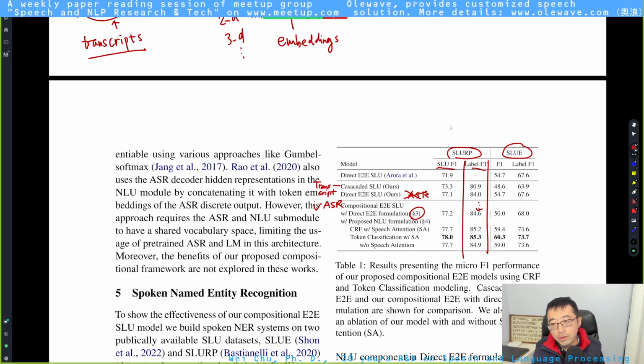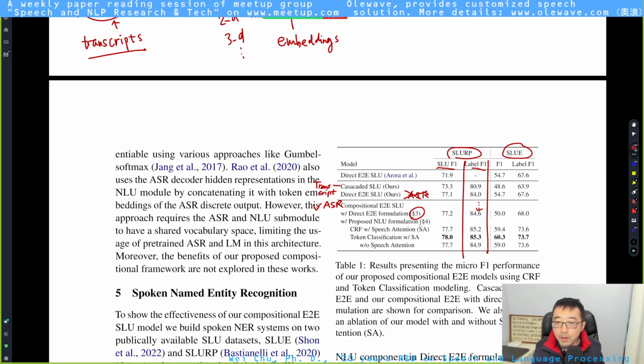What's different from this one to the direct end-to-end SLU? Maybe I can come back to it later, but I'm pretty clear about the next line.